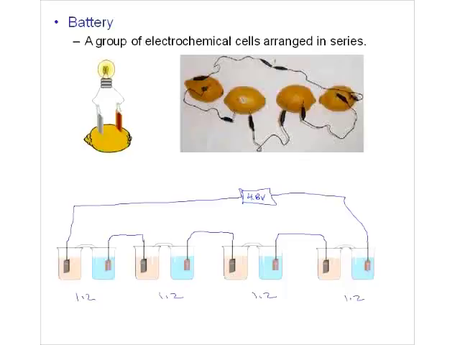So if each of these cells produces about 1.2 volts, by hooking them up in series, we can get a total of 4.8 volts coming out of this, which is going to be more powerful, and it's going to be able to make our light bulb brighter. And there we go. So a battery is a group of electrochemical cells arranged in series. That's how a 12-volt car battery works. There are several cells within the 12-volt battery itself.